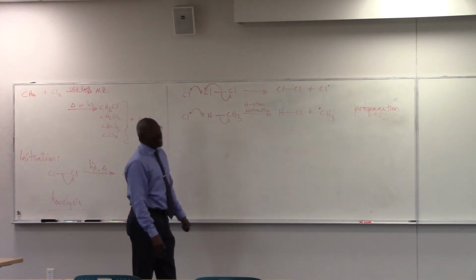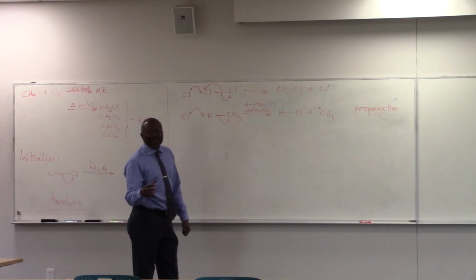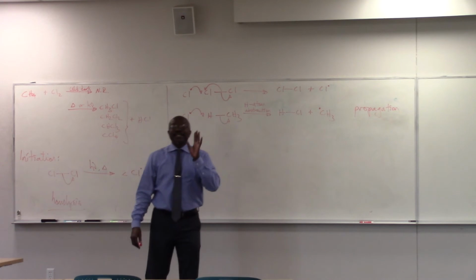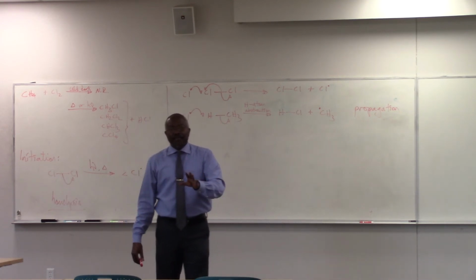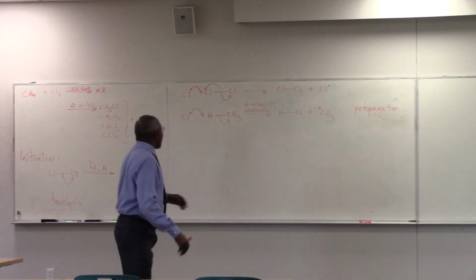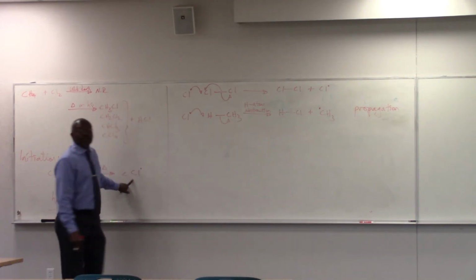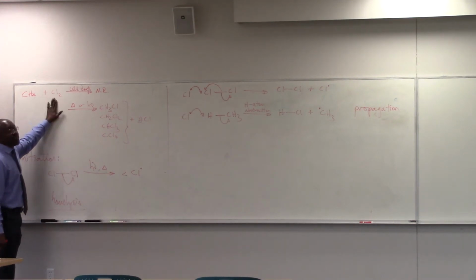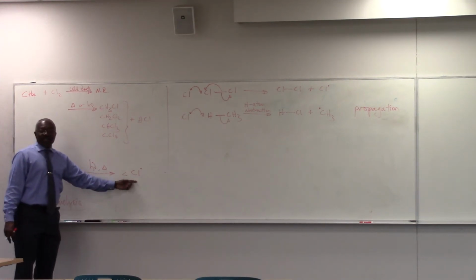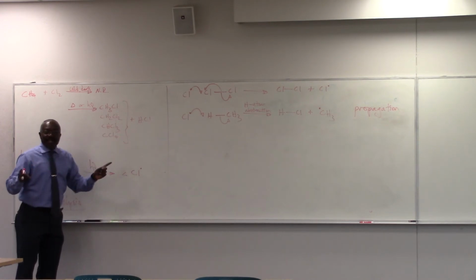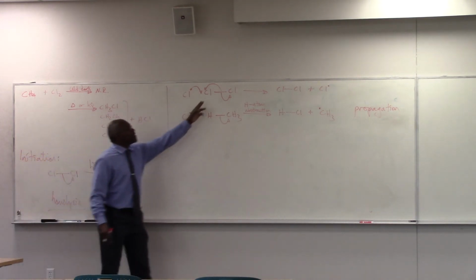Okay, now, is it likely at this point that a Cl dot would find another Cl dot, because the only other things present in the pot right after initiation are other Cl dots? I'm starting off with billions of this and billions of that, a couple hundred of these. So when these are born, the only thing they're seeing are chlorines and methanes.